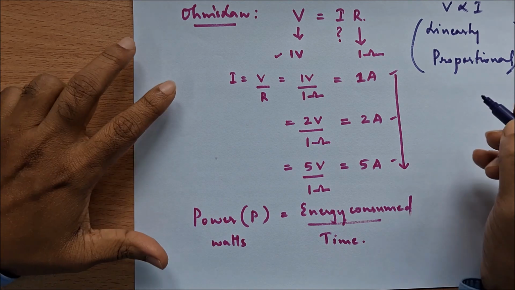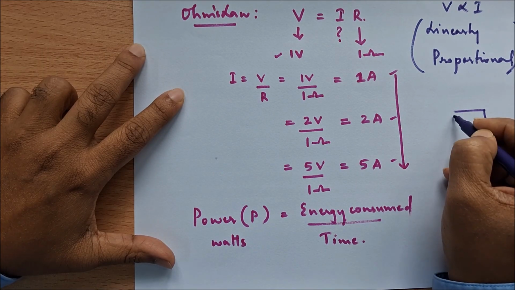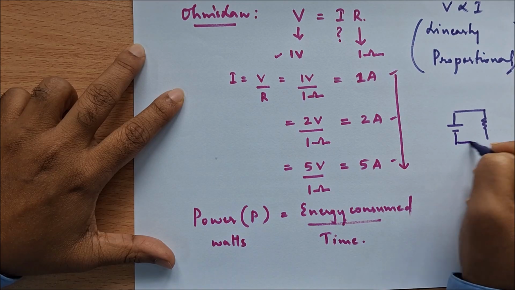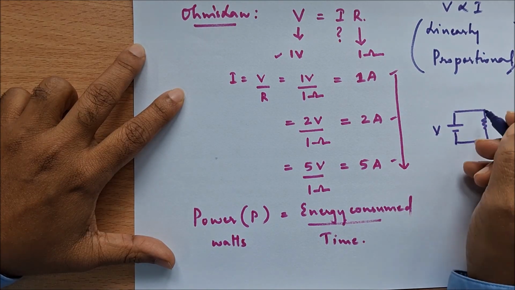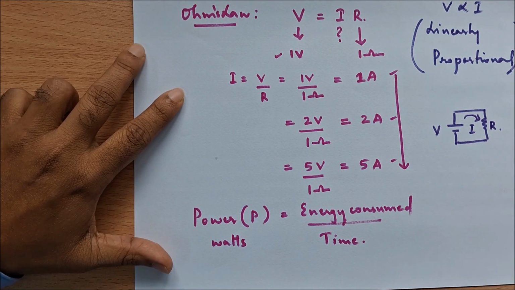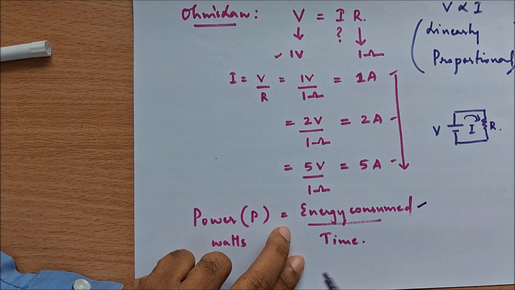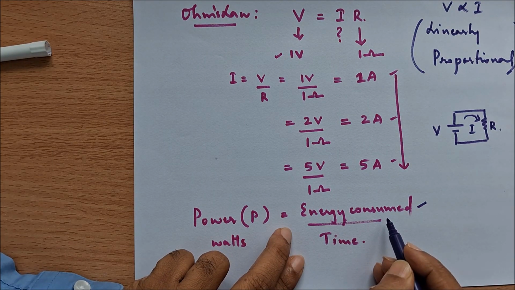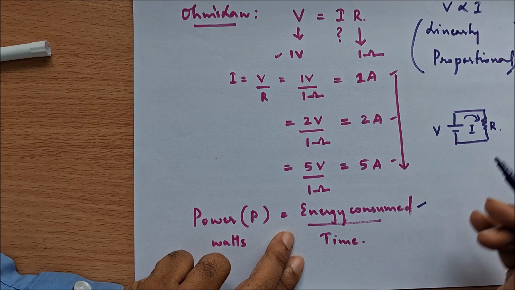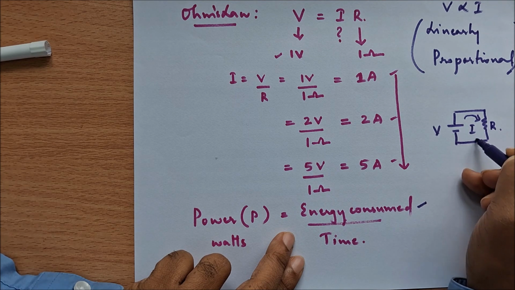Well, if I just consider a very simple circuit, as was mentioned, wherein a voltage is being applied and a current I is flowing through a resistance R, what is the energy consumed? Well, the energy consumed is nothing but the work done by the electrons in moving from one terminal of the battery to the other terminal.